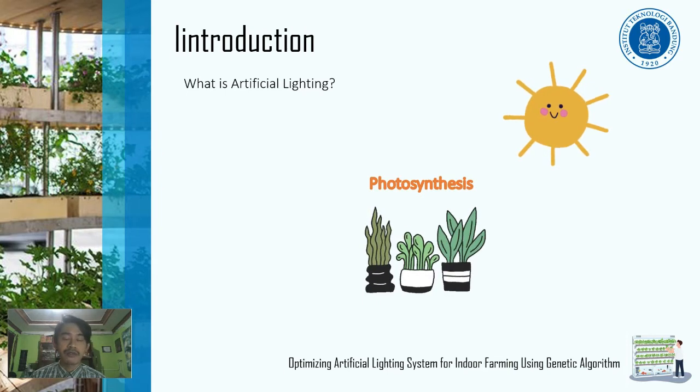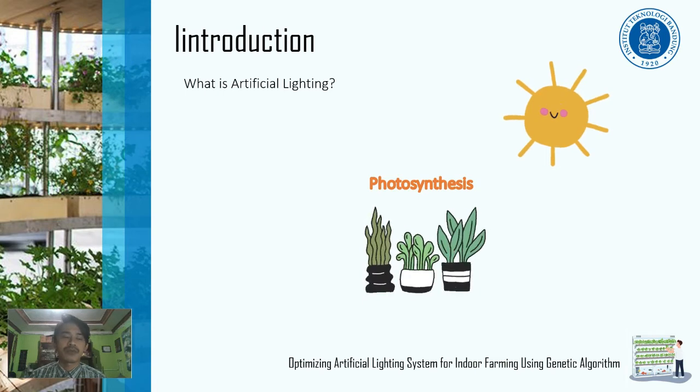And from the light, why can they do photosynthesis? And what if we have a plant outside, outdoors on the land? We call it a garden. And what if we only have a room, because we have limited area?